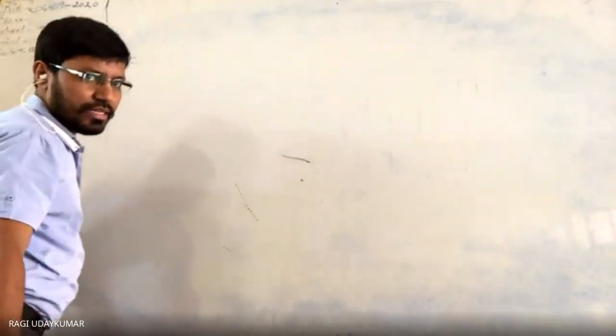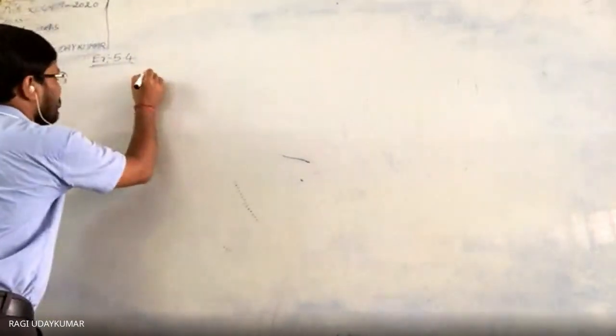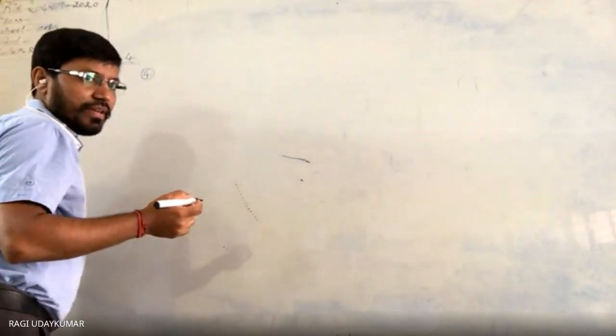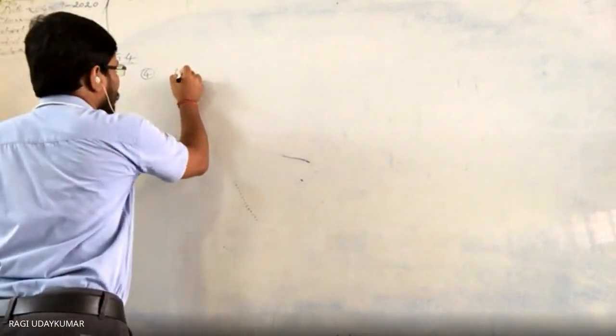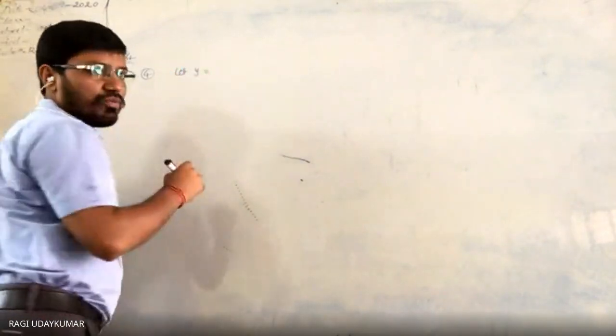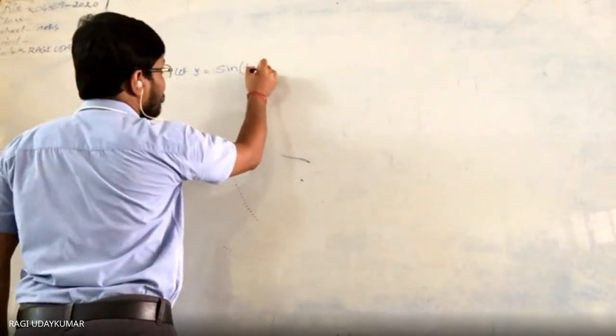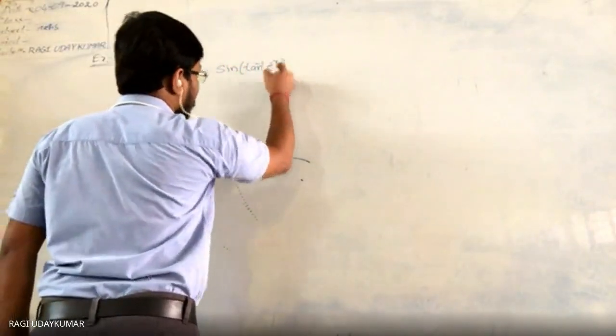The next thing is the fourth problem, let us see here. The fourth is a little bit different. So the given function, you consider that y. So let y is equal to sin of tan inverse e power minus x.